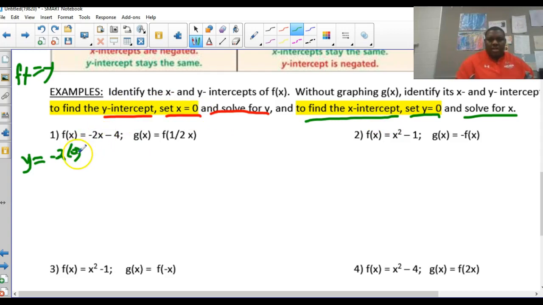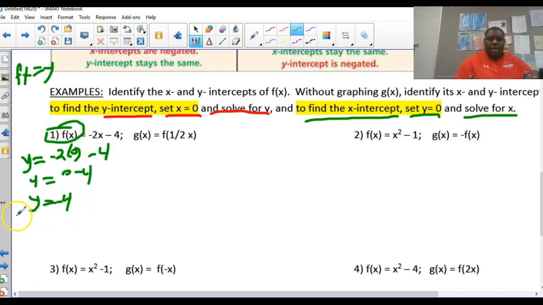There's x. I'm going to make it 0. And then I solve for y. -2 times 0 is 0. And then you have 0 minus 4. 0 minus 4 is -4. So y equals -4. That's my y-intercept of this f of x.